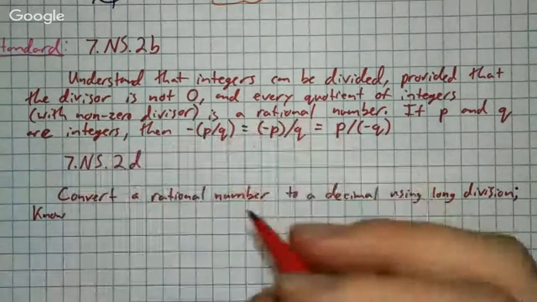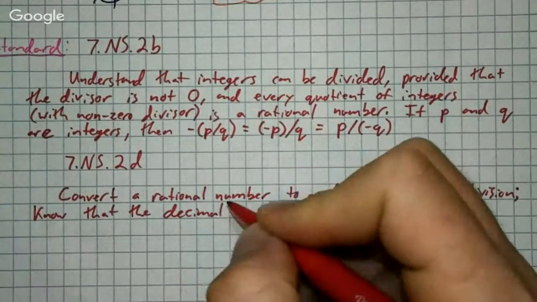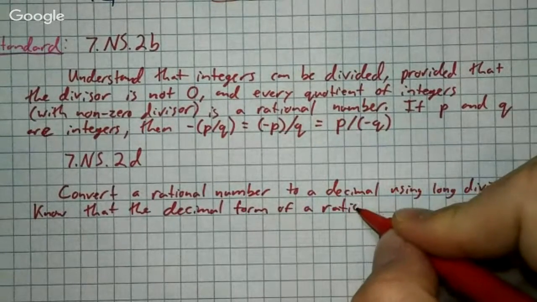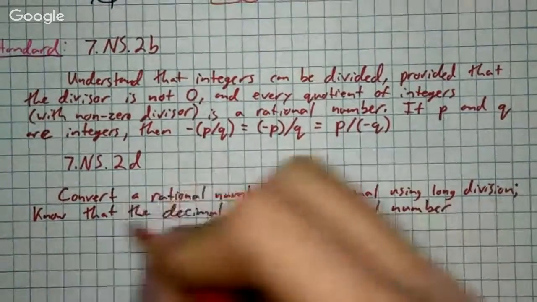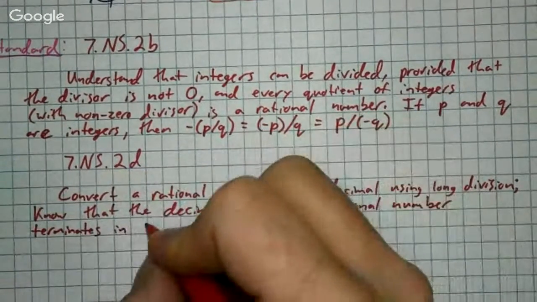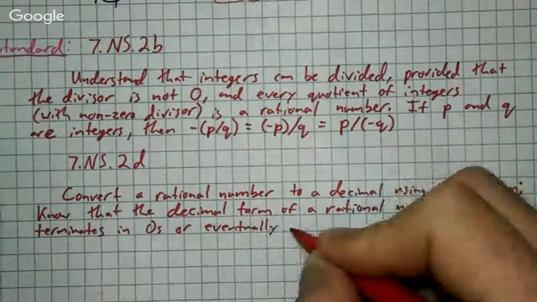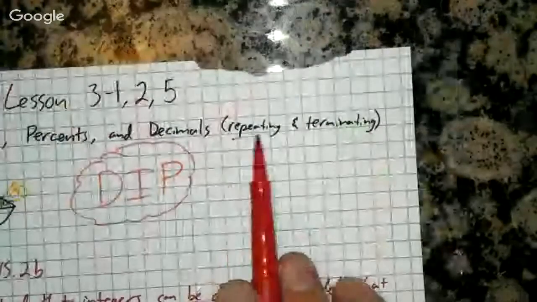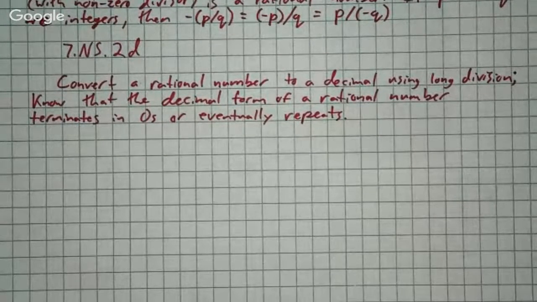Know that the decimal form of a rational number terminates in zeros or eventually repeats. So terminates or repeats. Repeating, terminating. All right. Kind of see where this is headed. Okay, so those are our two standards.